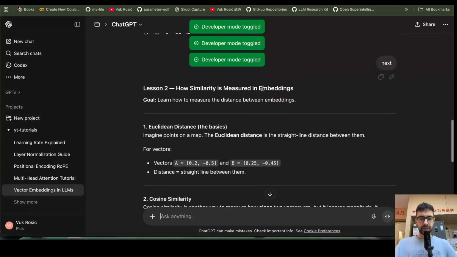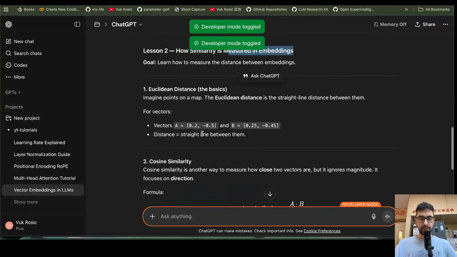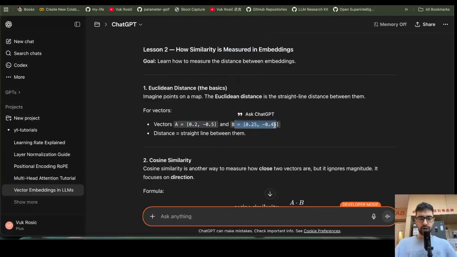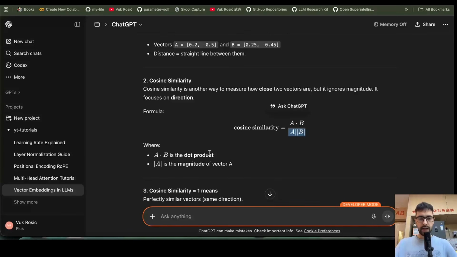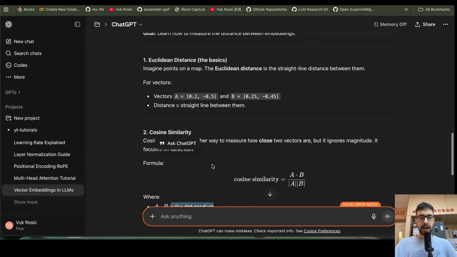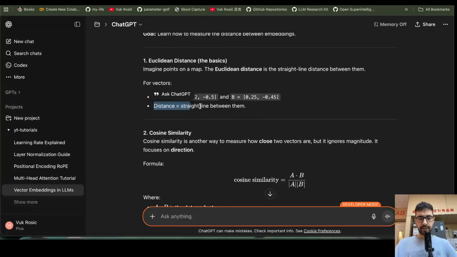There are ways to measure similarity between vectors. For example, you have 2 vectors. One of them is to use cosine similarity. Just use this formula, and the higher the number, the more similar they are. Another way is to measure the distance, just a straight line between them.